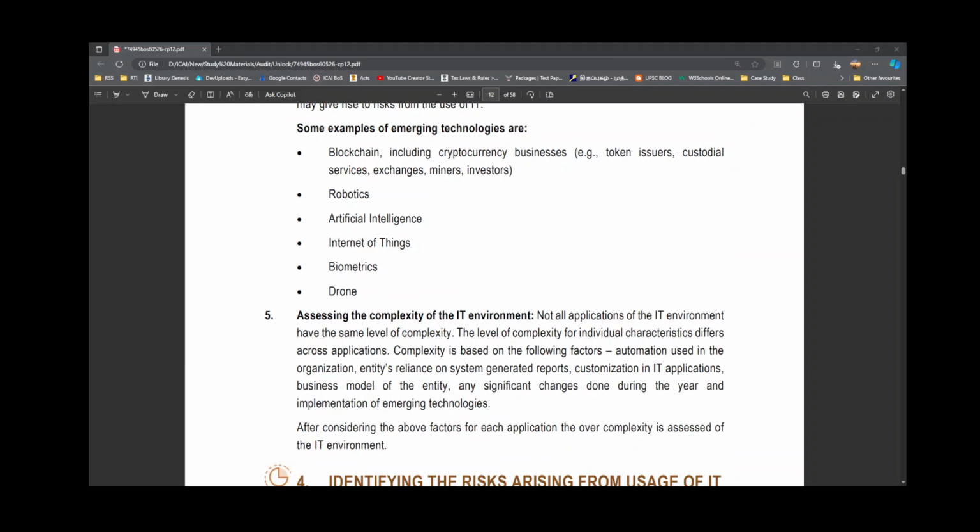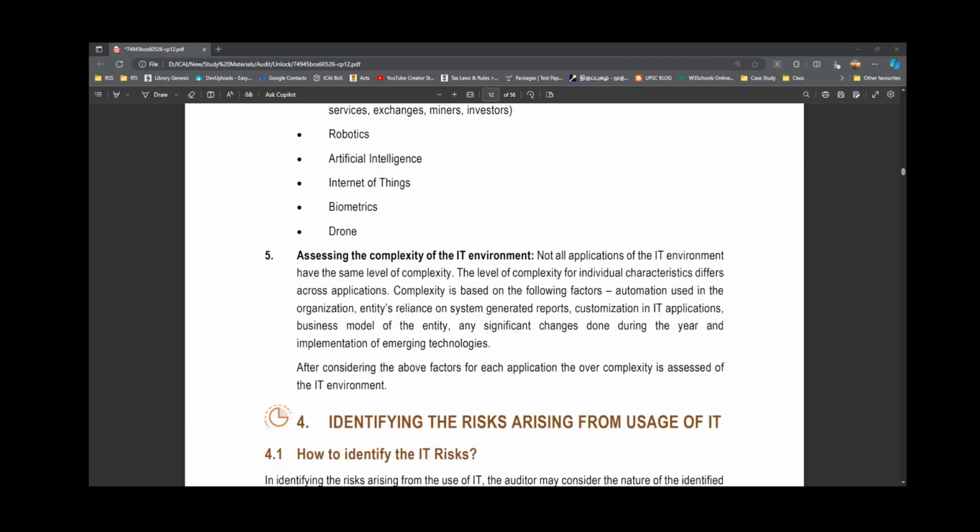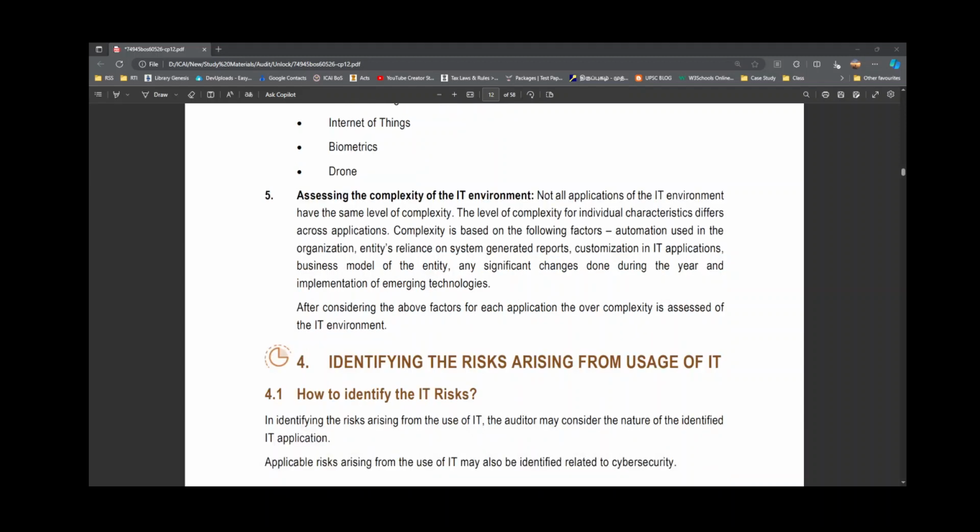Assessing the complexity of the IT environment. What is complexity? Not all the applications in the IT environment have the same level of complexity. Every system has its own complexity. Some just collect data, some collect and report it, some collect, report and modify it, and create new kinds of data from that. The level of complexity of individual characteristics differs across applications.